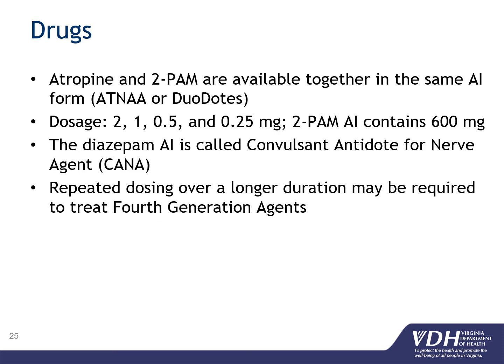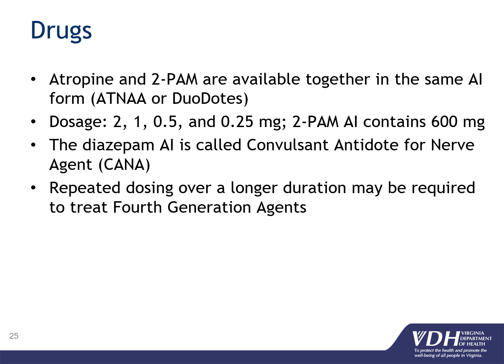A few additional points to remember about the medications: atropine and 2-PAM are available together in the same device, either DuoDote or ATNA. Those terms are interchangeable. Atropine comes in 2 milligrams, 1 milligram, 0.5 milligrams, and 0.2 milligram availability, and 2-PAM contains 600 milligrams.